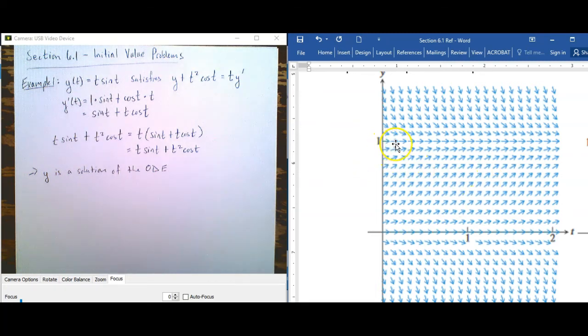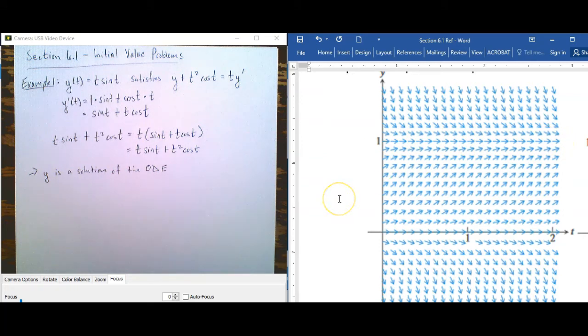You can see here the solution when y is 1 for all t values along this interval. If we have an initial condition where, let's say, y of 0 is 1, we will get this horizontal line as our solution.